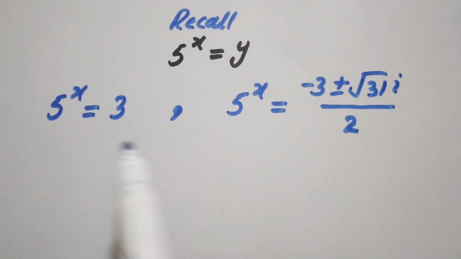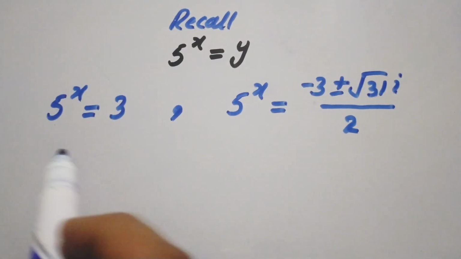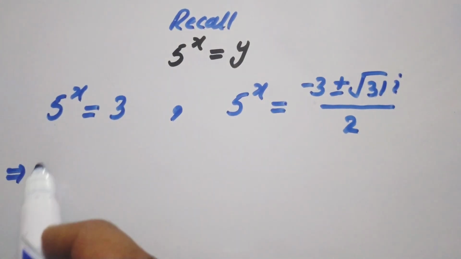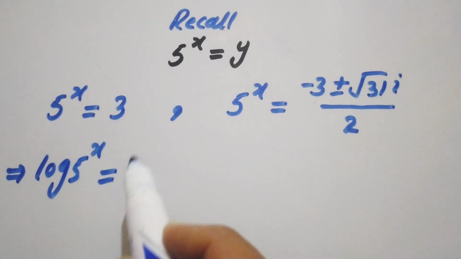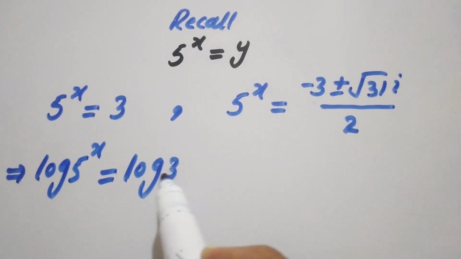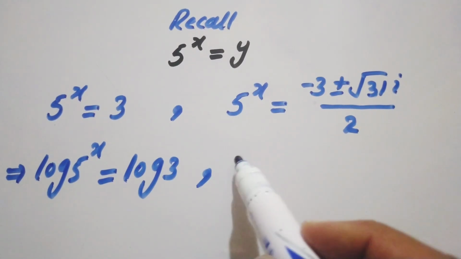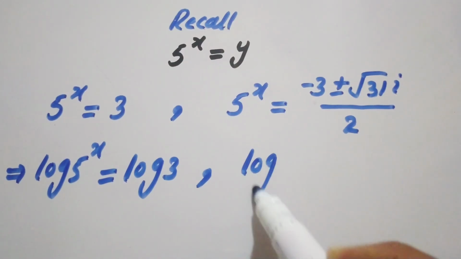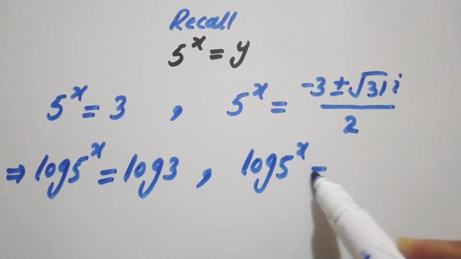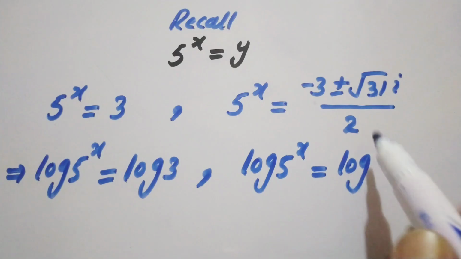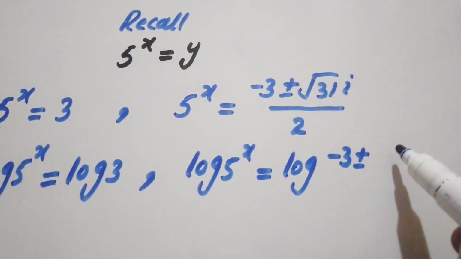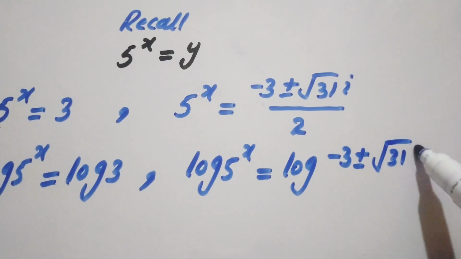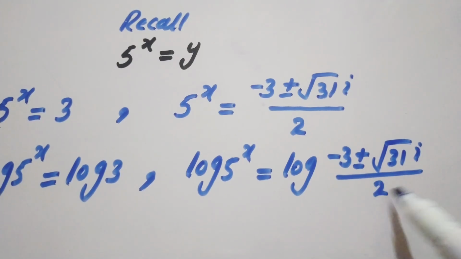Now taking log on both sides, so this will become log of 5 to the power x is equal to log of 3, and also here this will become log of 5 to the power x is equal to log of minus 3 plus minus square root 31 i divided by 2.